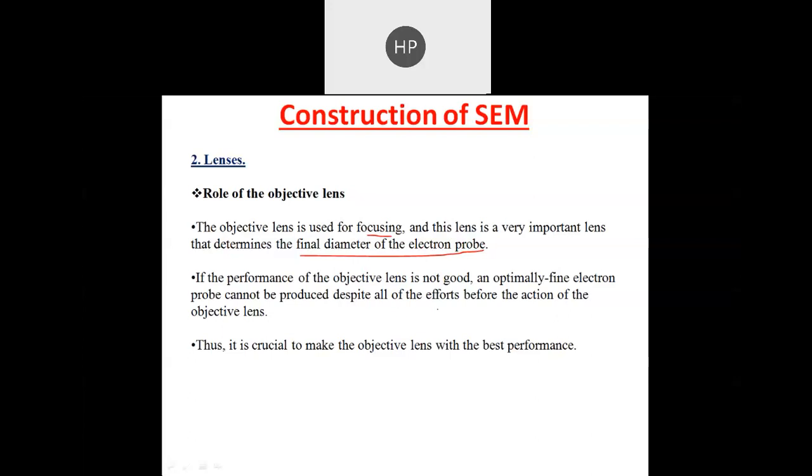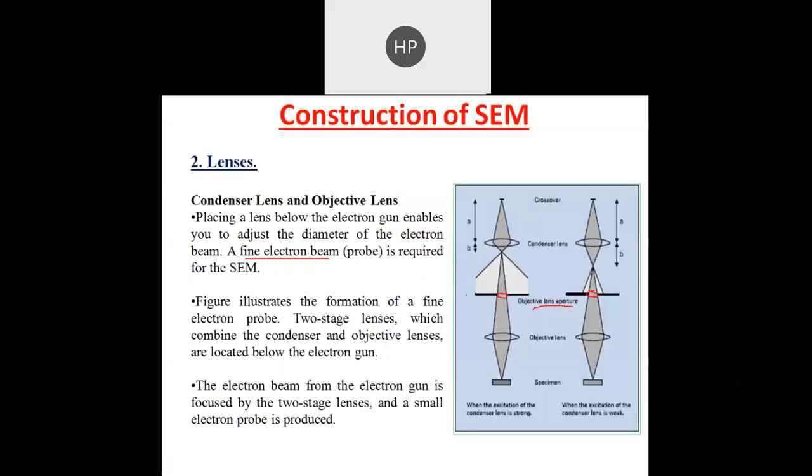despite all of the efforts before the action of the objective lens. So you have a good condenser lens, you have adjusted a very good B by A ratio, and you have a good aperture.